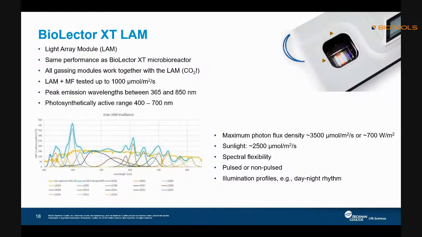And this is the new light array module, which we can set up with different light. For the photon flux density here, we can set different densities. Sunlight is about 2500, but we can even set higher than sunlight, so that we can do some kind of day and night changes to simulate real conditions, like what they experience in the environment.